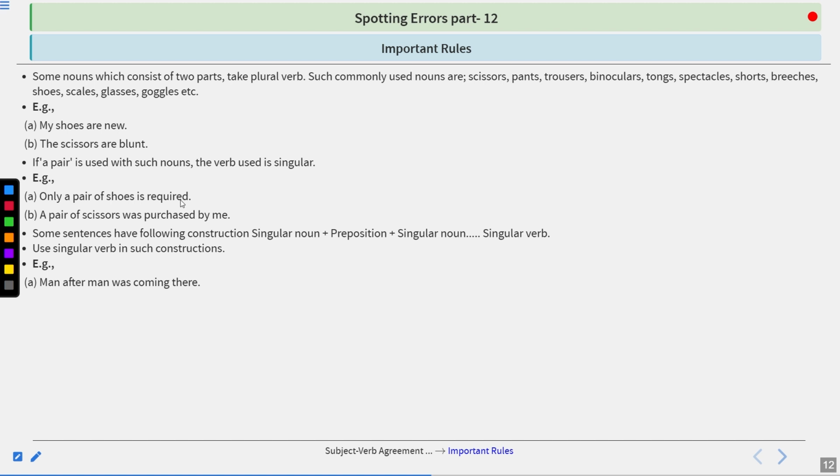So here we have used the noun man and again the noun man joined by a preposition, which is after. You have to use a singular verb with such a construction because it refers to a series: man after man, village after village, door to door, hand to hand. You might have heard such expressions.